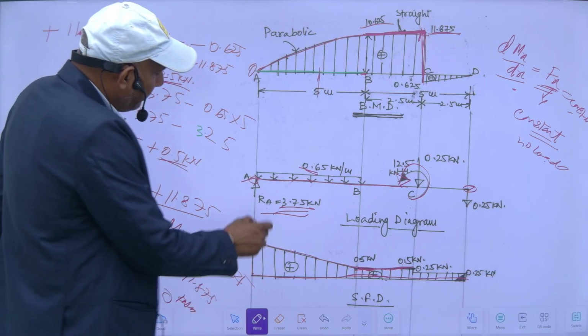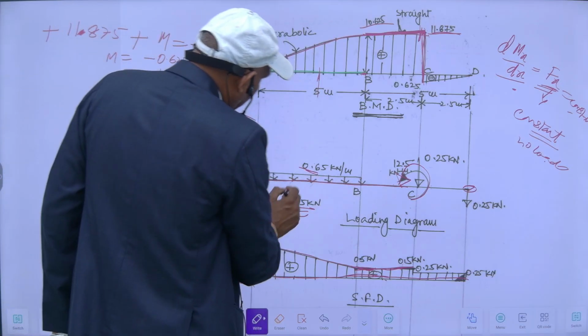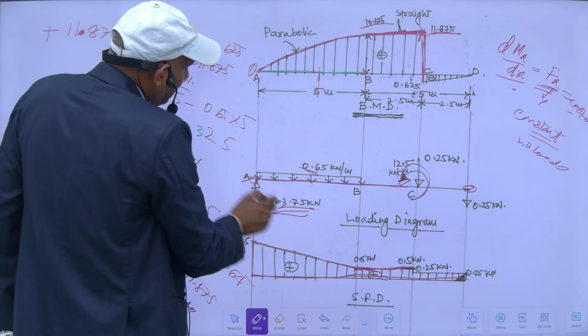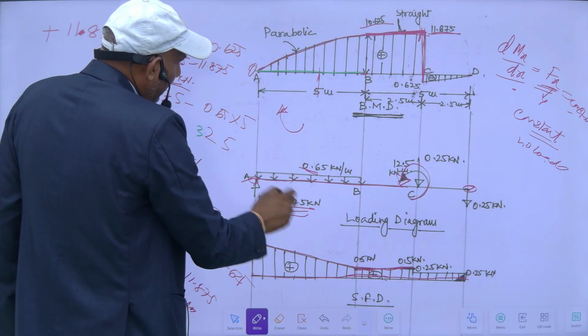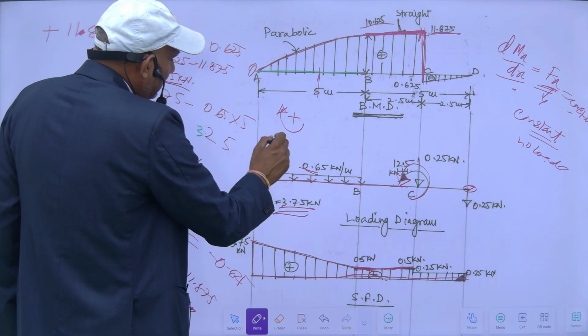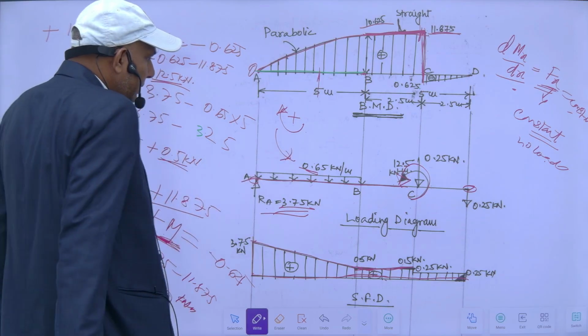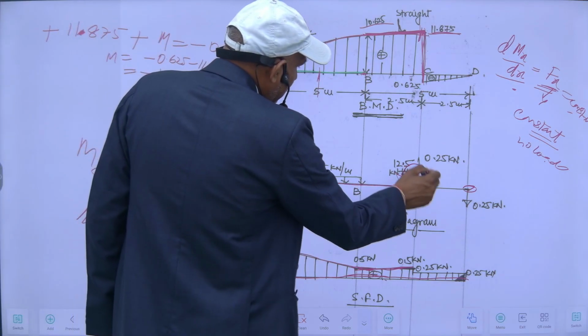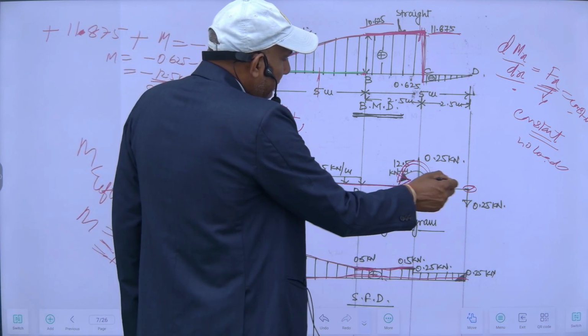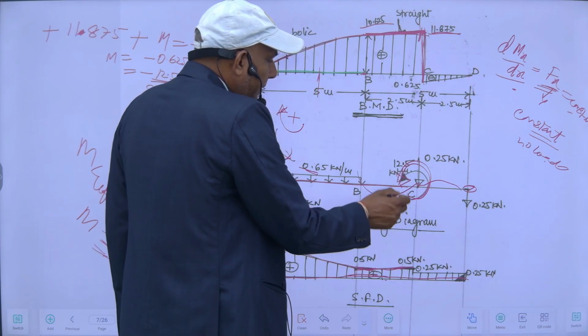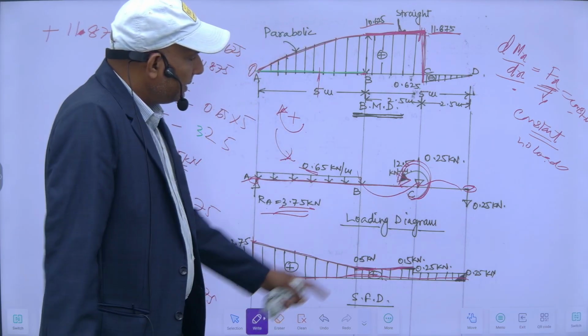So as if I am starting from here, this moment clockwise is positive and anti-clockwise is negative. So this is anti-clockwise, means on this side it will be like this. So there is a hogging moment.